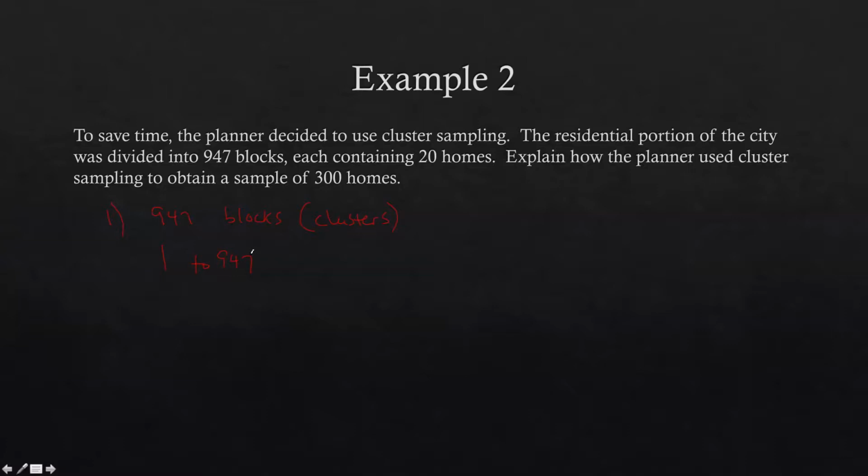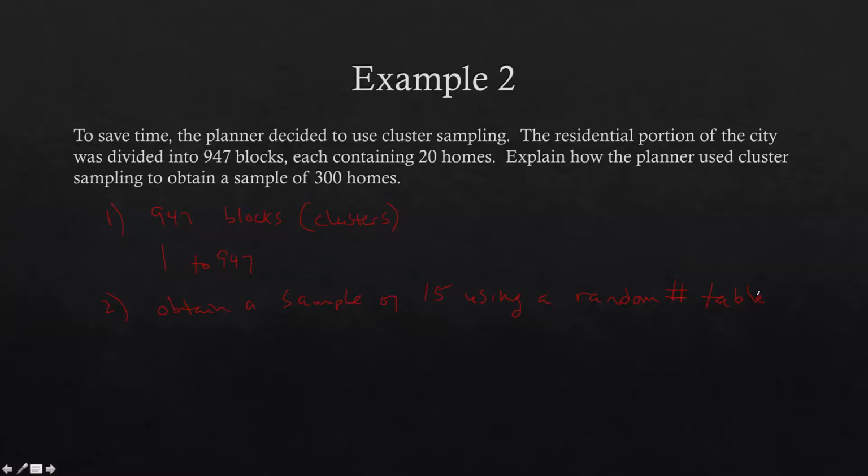So step 2, we're going to obtain a sample of 15 using a random number table. These are 15 blocks, using a random number table.